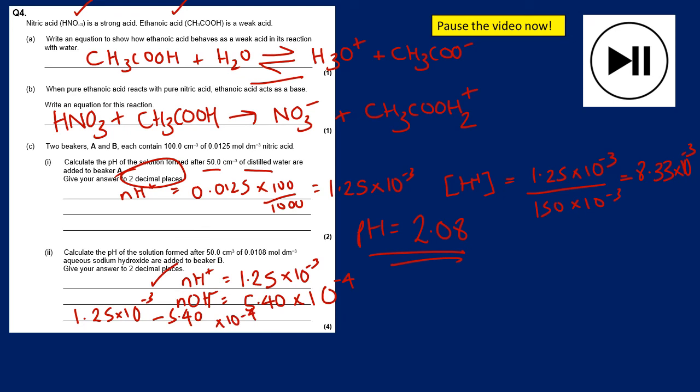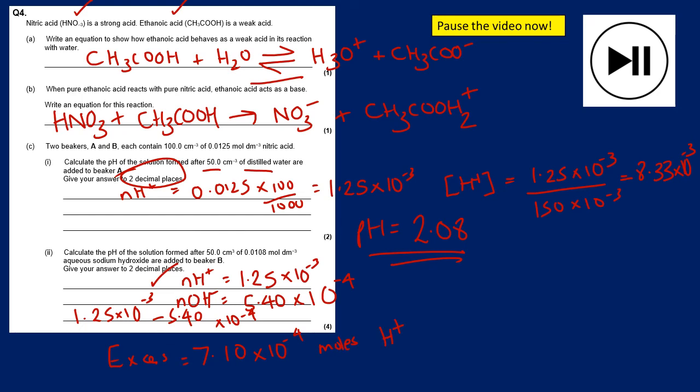When I'm saying excess, it's the bigger of the two numbers. There's more H plus than there's OH minus. So my moles of excess, I worked that out as 7.10 times 10 to the minus 4 moles of H plus. So that's your excess.